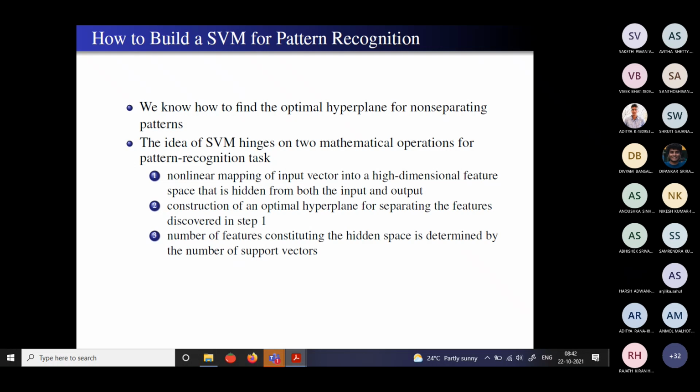Also, the number of features constituting the hidden space is determined by the number of support vectors. This is very different, and was not there in radial basis function networks. By this time you know what support vectors are. SVM theory provides an analytic approach for determining the optimum size of the feature space, which is not the case in radial basis function networks.